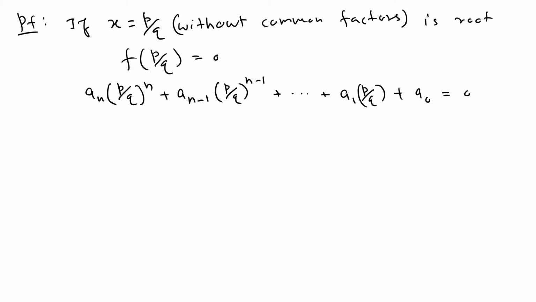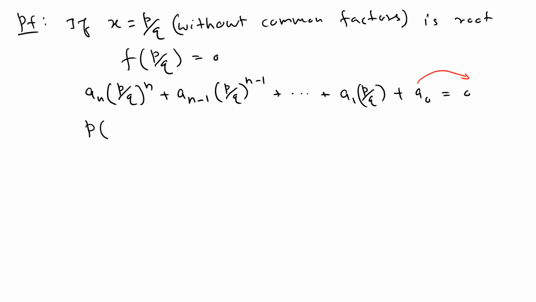Now I'm going to multiply both sides by q to the n and factor p from the first n terms. I can move the a naught to the other side because it doesn't have a p term, but all the other terms have a p. So we can take that out and also multiply everything by q^n.